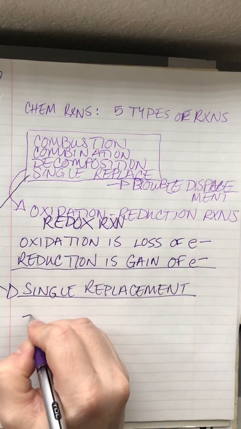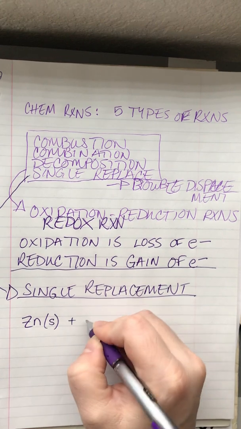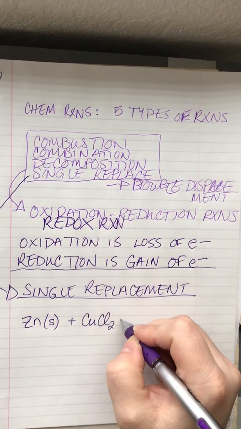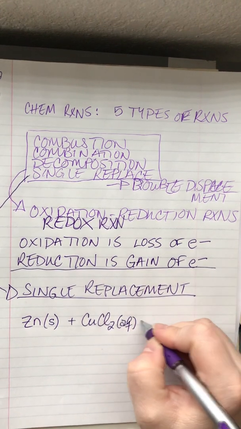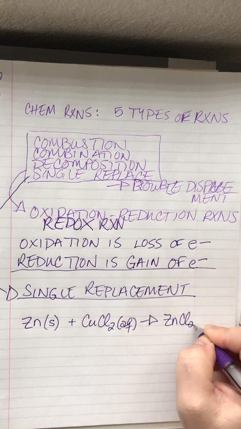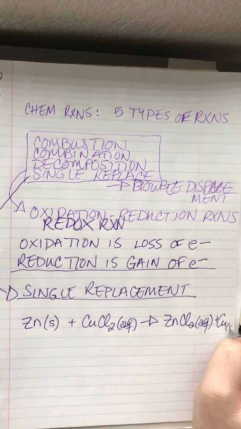So here's an example of a single replacement reaction. We have zinc solid and copper chloride aqueous goes to zinc chloride aqueous and copper solid.